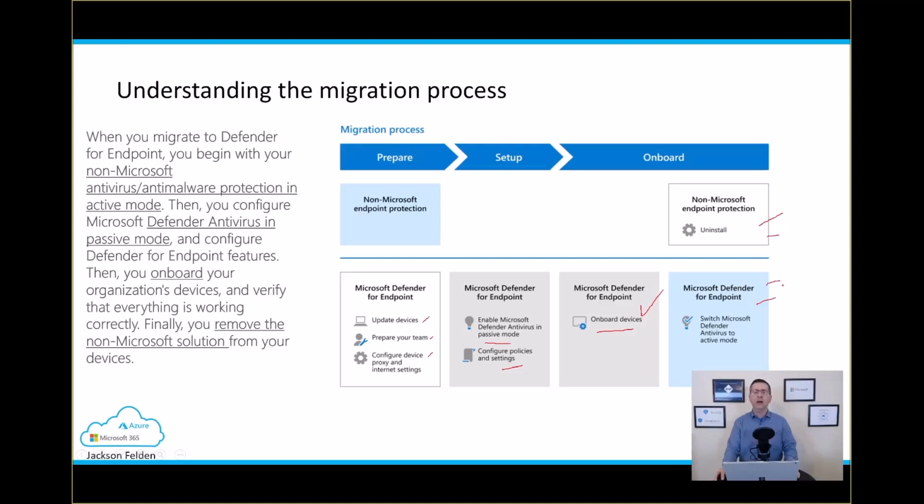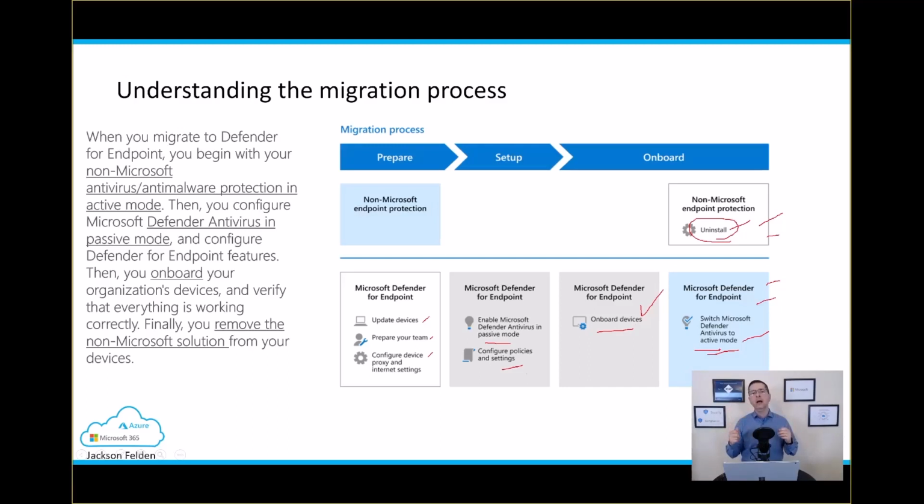Now the next big question you need to consider is, should we first uninstall my current AV and then change to active, or should I first make Defender for Endpoint active and then uninstall the third-party AV? If you really don't want any possible security gap, the idea is to have Defender active first.